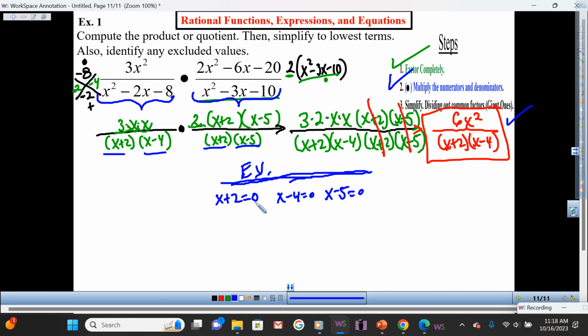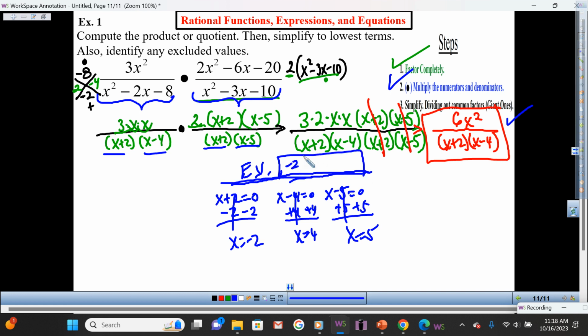No, it's already there. And that's how we go with our excluded values. So write that down, please. So x plus 2 equals 0 gives x equals negative 2, x minus 4 gives x equals 4, x minus 5 gives x equals 5. So negative 2, 4, and 5.